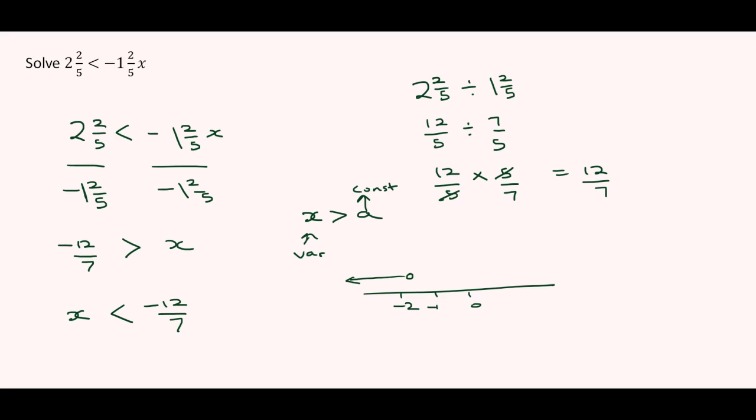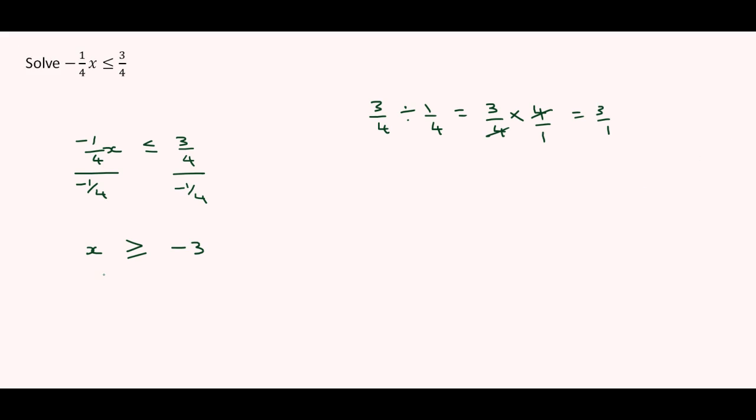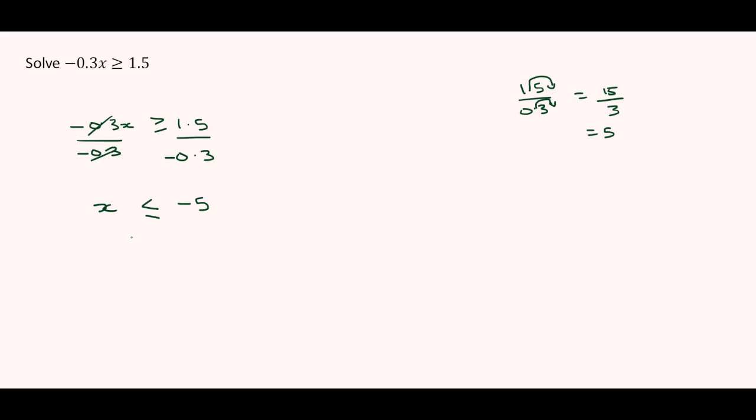Let's go ahead and complete the others. So we have 0, and then we have negative 3. So right here, x is greater than or equal to negative 3. So we have a closed circle, and then greater than right here. And then here we have x is less than or equal to negative 5.